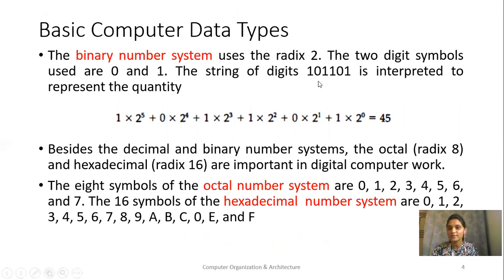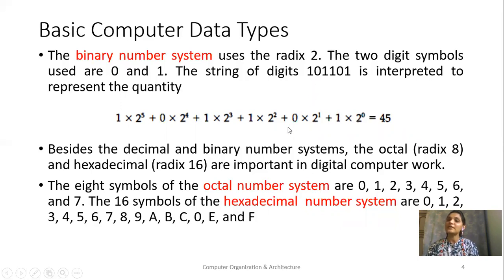For example, if we consider a string 101101, to find its decimal equivalent we have to multiply each 1 and 0 with a power of its radix. 1 is at position 0, 0 is at position 1, this 1 is at position 2, this 1 is at position 3, this 0 is at position 4, and this 1 is at position 5.